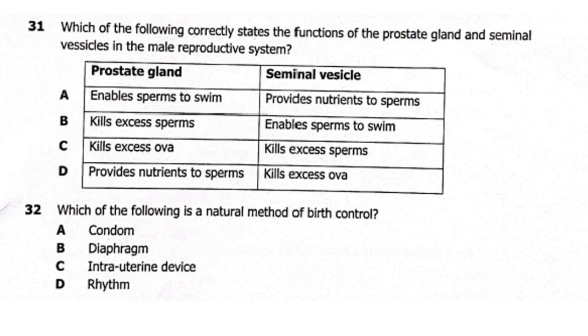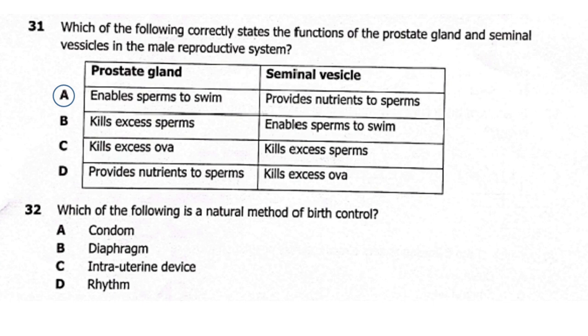C. Prostate gland kills excess ova. Seminal vesicle kills excess sperms. D. Prostate gland provides nutrients to the sperms. Seminal vesicle kills excess ova. The correct answer here is A. The function of the prostate gland is to enable the sperms to swim, while the seminal vesicle provides nutrients to the sperms.